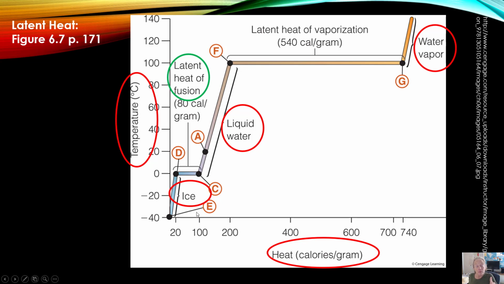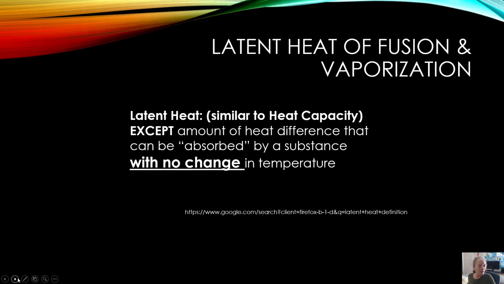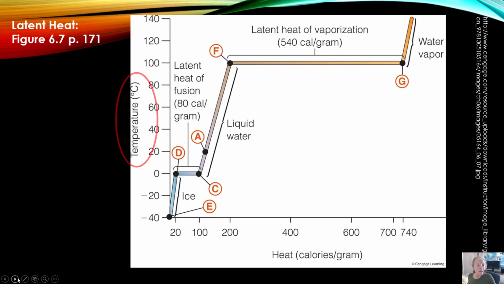Now notice, because we talked about before, what was our definition? What was the word? I have to look it up. Sometimes I don't have all my words at the top of my head. Latent heat, yes, that's what I meant. This is latent heat. Why?